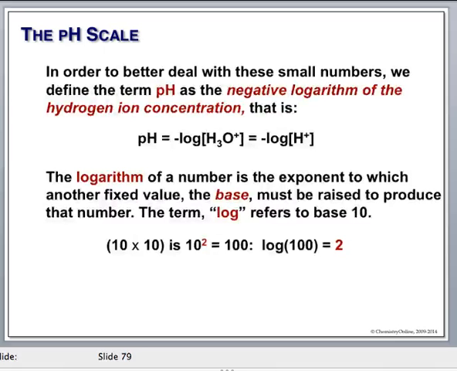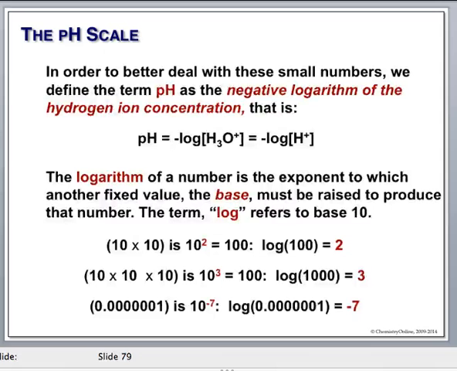We're going to describe this using the notion of pH. Now, the exciting thing is, pH is a log function. So you paid all that money for your calculator, now you get to use the log button. pH is going to be the negative logarithm of the hydrogen ion concentration.